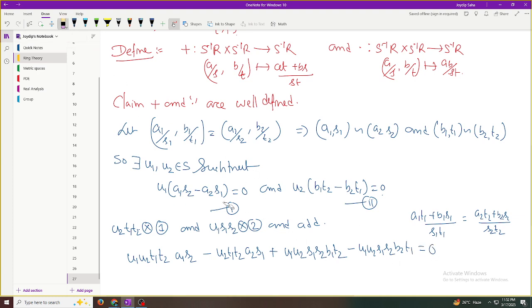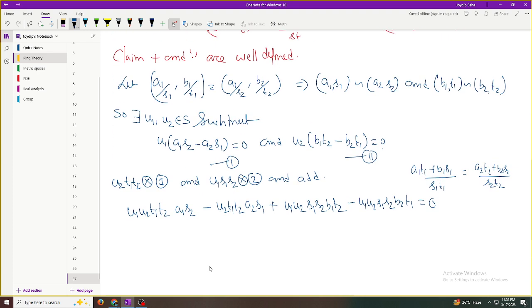In the second term, I think there will be u1. Okay, I am just following the cross multiplication.